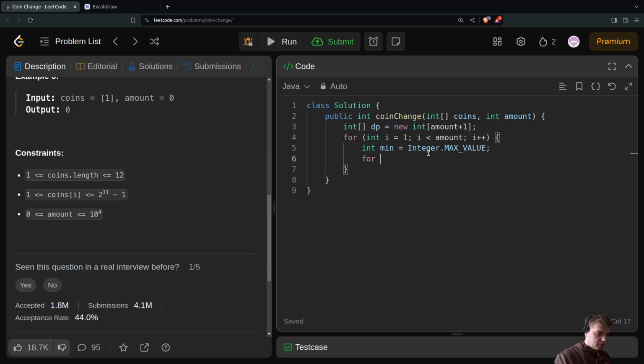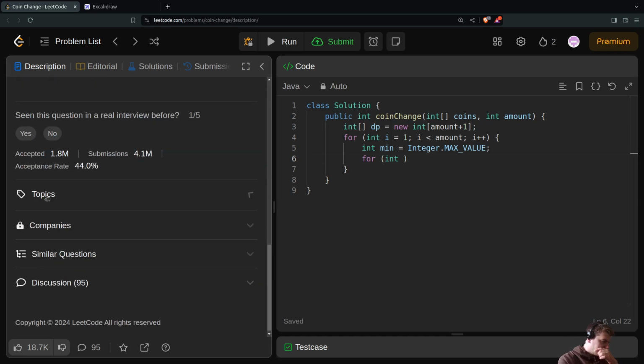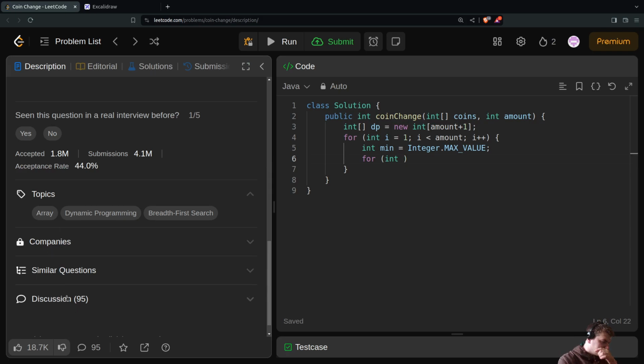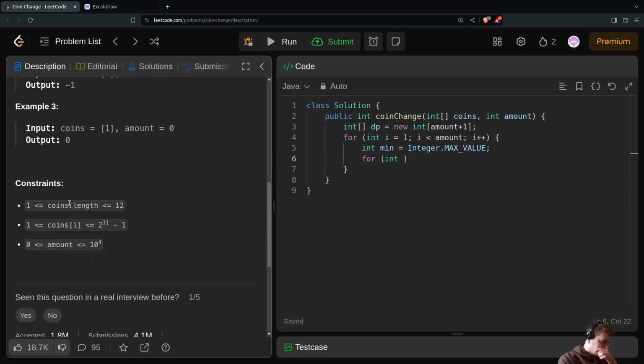Then for every amount, I will iterate the coins, and the coins array is maximum 12. So the complexity is going to be 10 to the power of 4 multiplied by 10, so 10 to the power of 5.